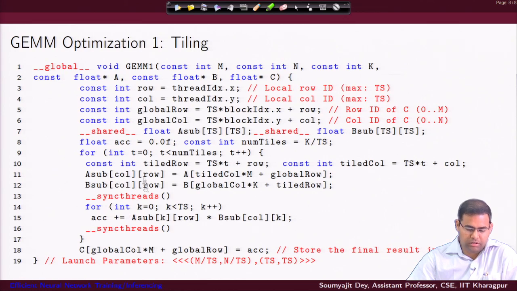And once the thing is done for all the tiles, it will update into the global memory, right. So, that is how things were going on for a normal tiling.